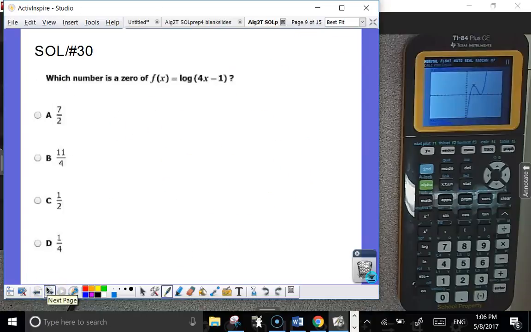Which number is a 0 of f of x equals log of 4x minus 1? Okay, what does it get? Again, what does it mean to be the 0 of a function? That means that it's an x value you plug in, so the f of x equals 0.